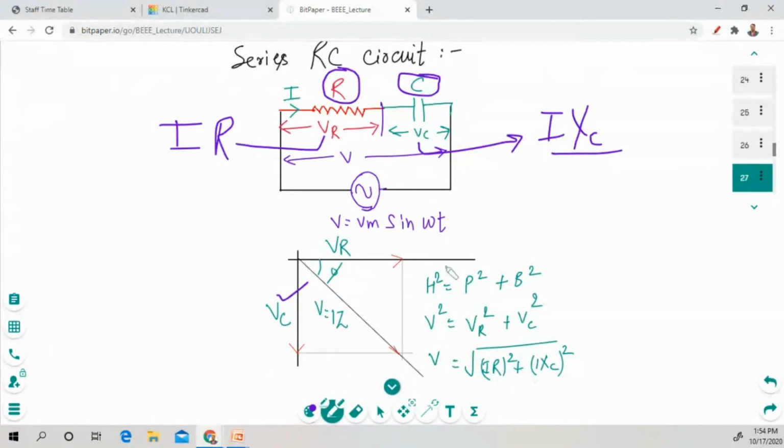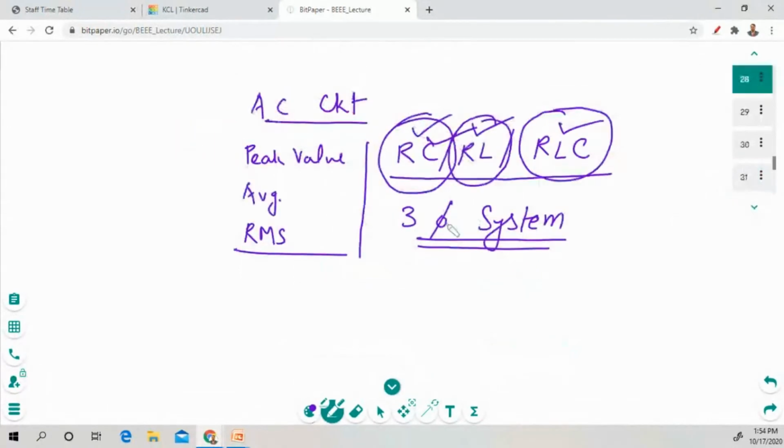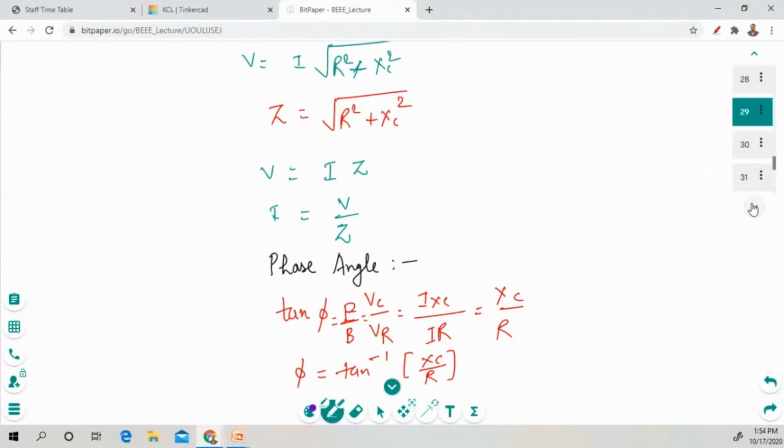We have drawn this phasor diagram, and with the help of Pythagoras theorem we put all the values and find the value of voltage and current. In the next slide we have calculated all the values for voltage and current: I is equal to V upon Z, where Z is the square root of R square plus XC square.